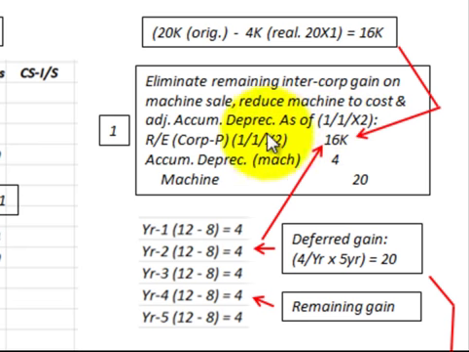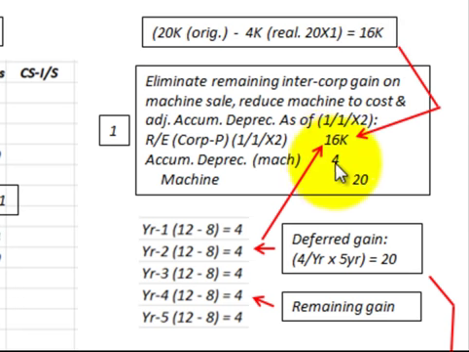So we'd debit our retained earnings for Corporation P as of January 1st of the second year for $16,000, because that was what's remaining on the gain. We had a $20,000 original gain, and then we had $4,000 that we realized in the first year of 20x1. So that leaves us with $16,000 worth of remaining gain.